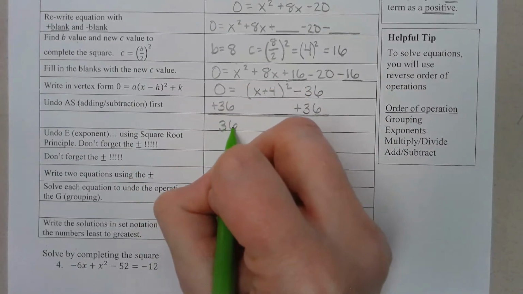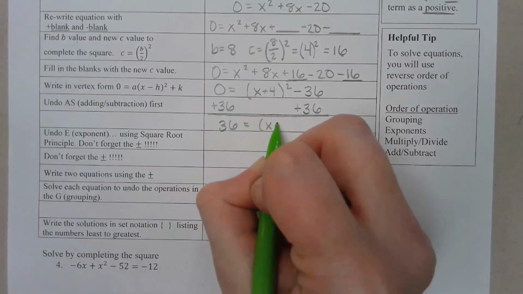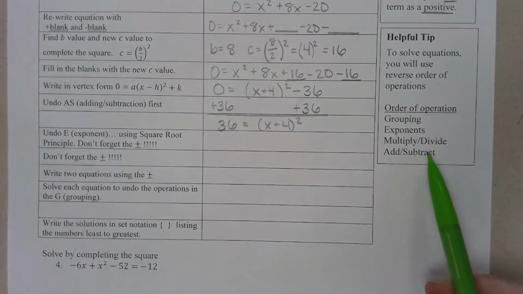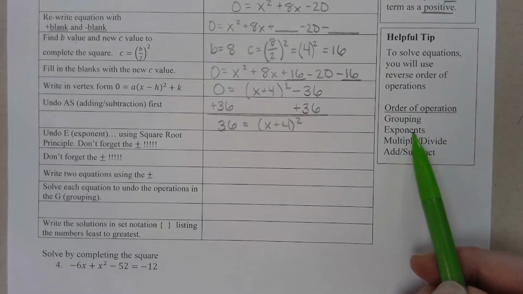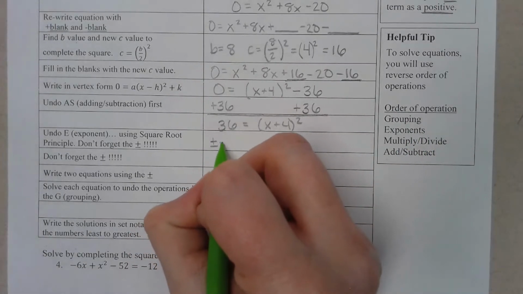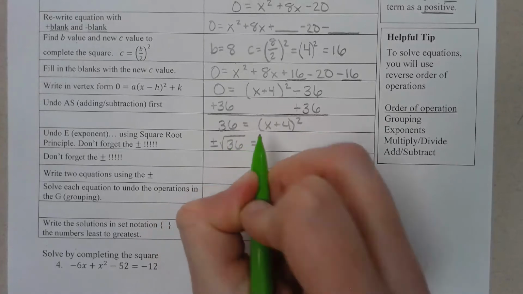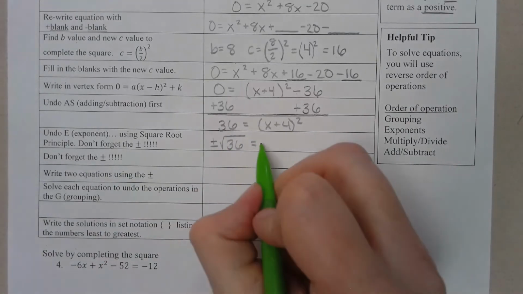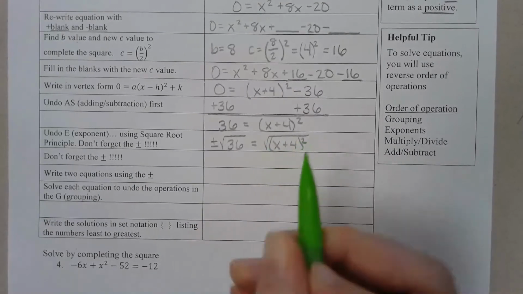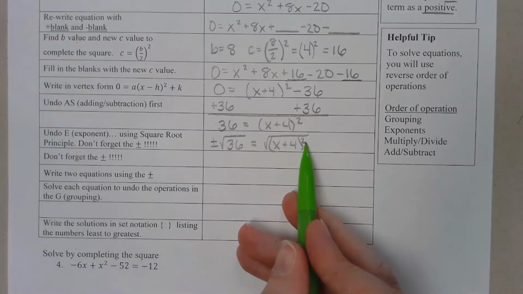So we get 36 equals, bringing down the x plus 4 quantity squared. That took care of the adding and subtracting. We don't have any multiplication or division, so we just move on to the next operation, which is the exponent. We'll need to take the plus or minus square root, always remembering that plus or minus sign. By taking the square root, it gets rid of that exponent squared.